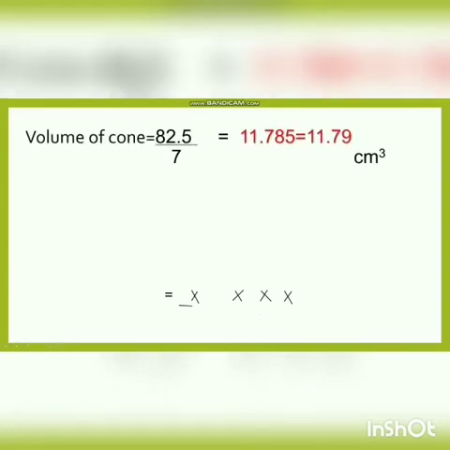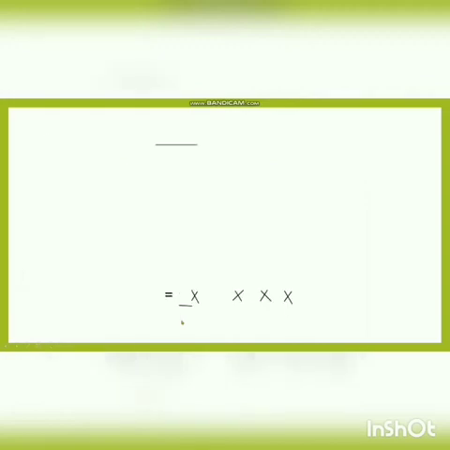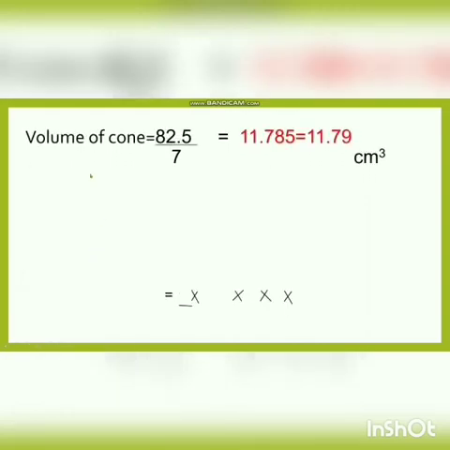After calculation, you get volume of cone is equal to 82.5 upon 7. For this calculation, you calculate all this multiplication upon 3 into 7.